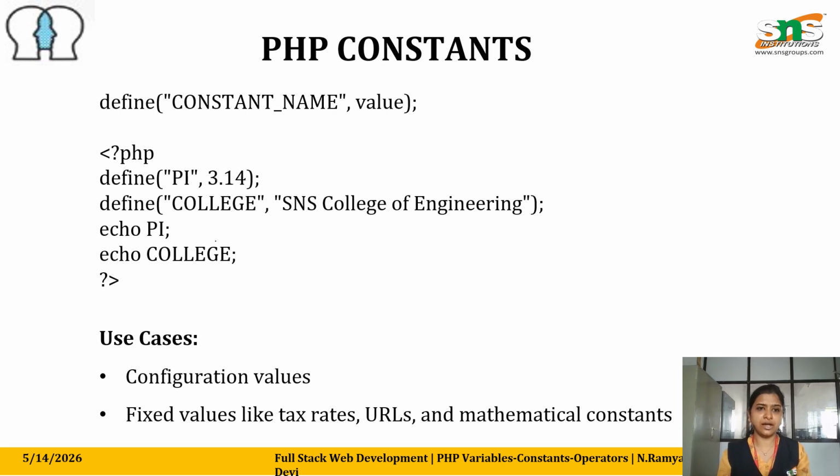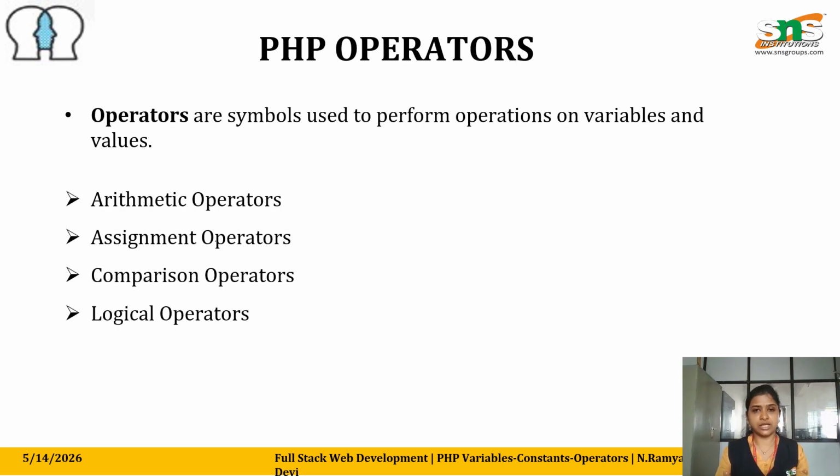Here we have defined a constant called pi, and the pi value will not be changed because it is universally recognized as 3.14. If we echo pi, the value of pi will be displayed. It is mainly used for configuration values, mathematical values, and fixed values like tax rates, URLs, and mathematical constants.